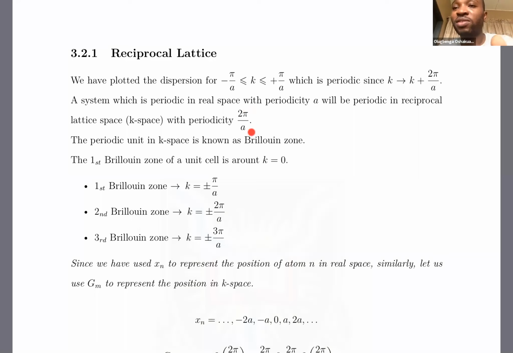One over length is as good as a constant over length. That is where the name reciprocal comes from.